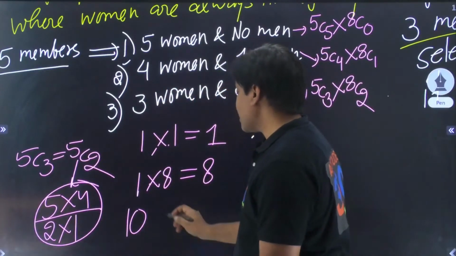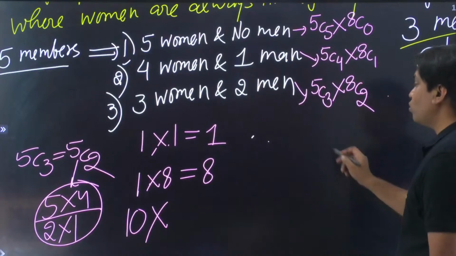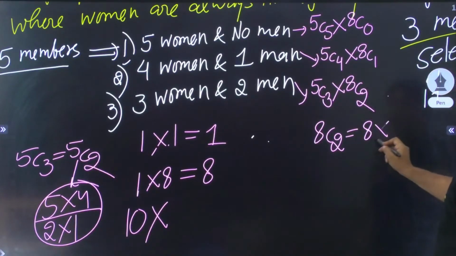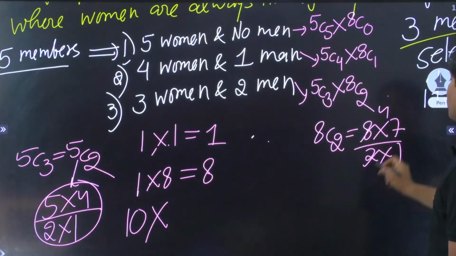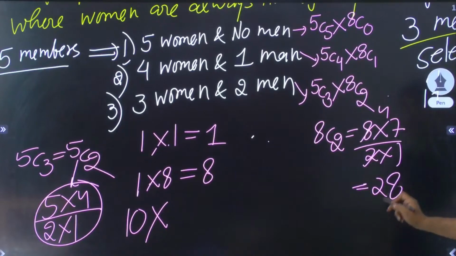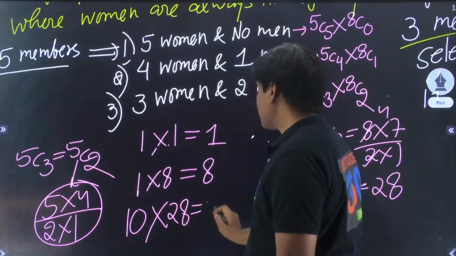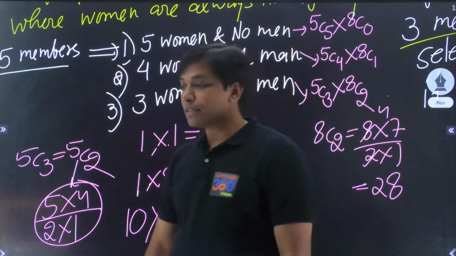Which is coming out as nothing but 10. And then 8C2. What is the value of 8C2? It is 8 into 7 divided by 2 into 1. So which is 4 7 ja 28. So this value is coming out as 28. So if you simplify this, this is 280. And what is the answer?